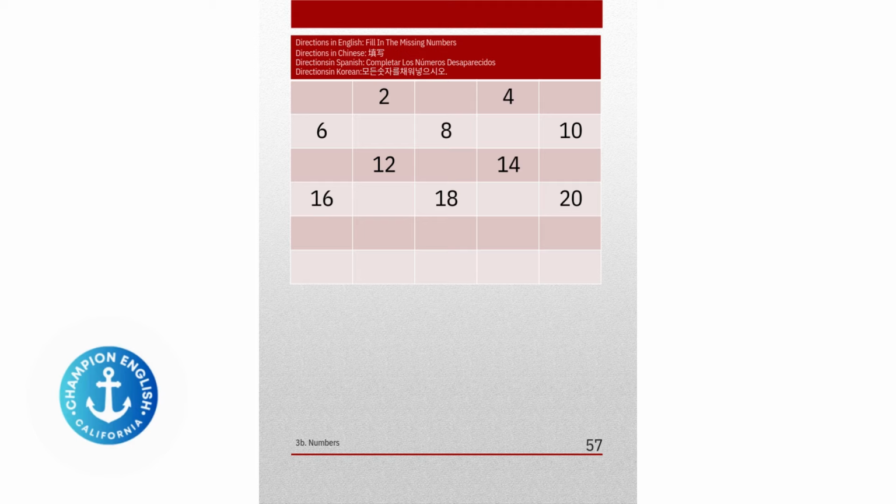If I say 16, you should say 17. If I say 18, you should say 19. And if I say 20, you should say, we're done. Good job. So go ahead and practice by yourself saying the correct number that goes before 2 and continue on till 20. Ready and go.